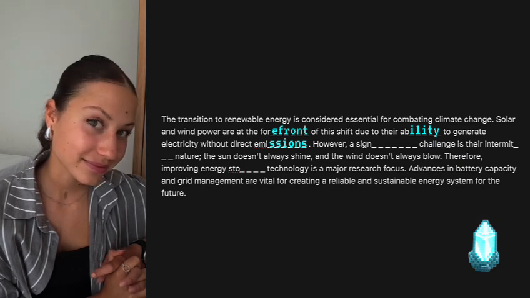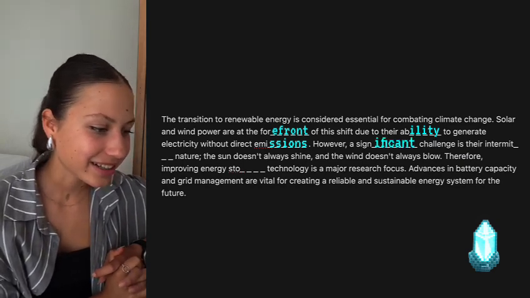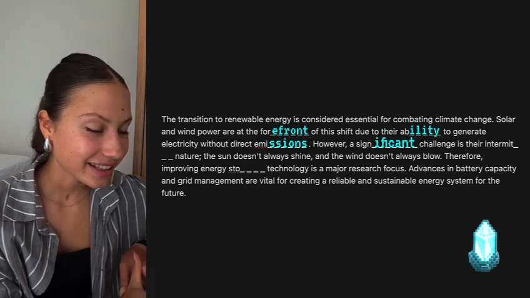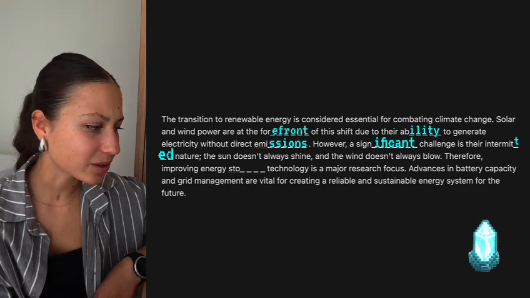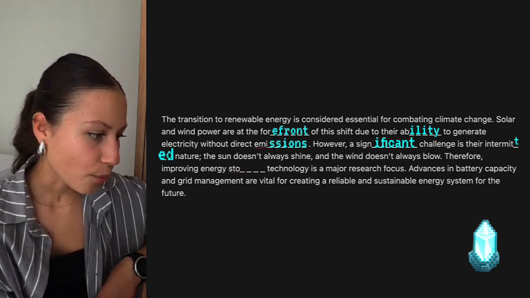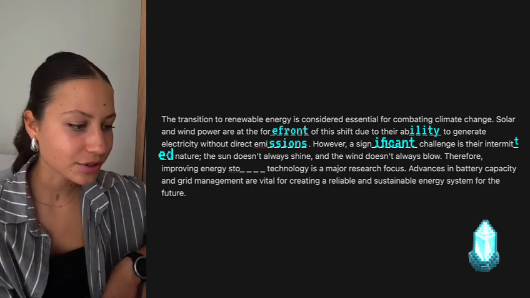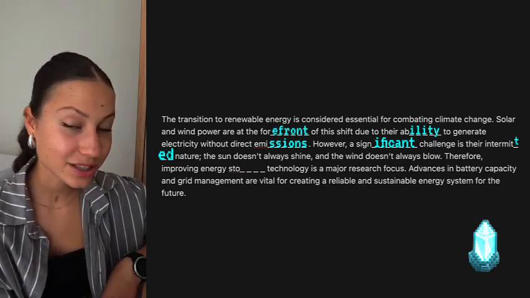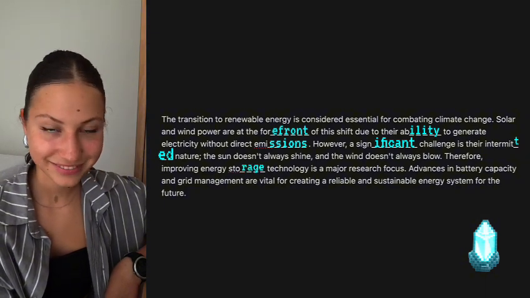However, a significant challenge is their intermittent nature. The sun doesn't always shine, and the wind doesn't always blow. Therefore, improving energy storage. That's it. You filled all the gaps and you move on.